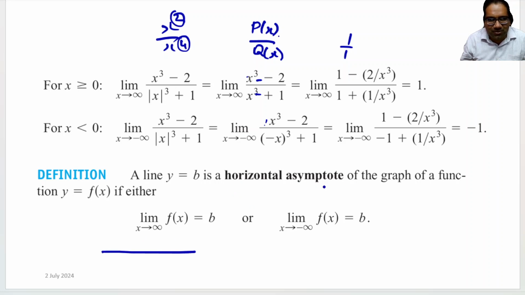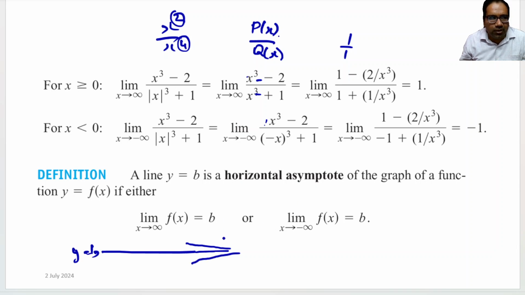And it's a horizontal asymptote if, when x tends to infinity, the limit of f of x is equal to b. What does that mean? This f of x should approach this line y equal to b as close as we want, either from this side or from this side.